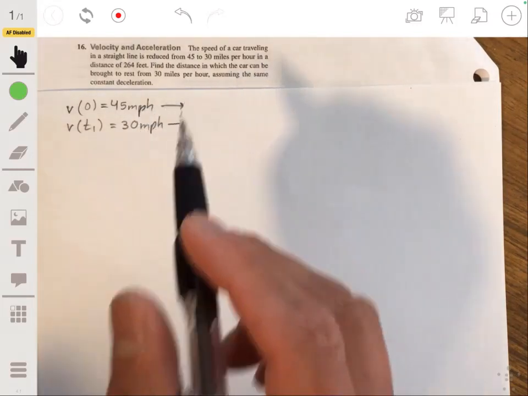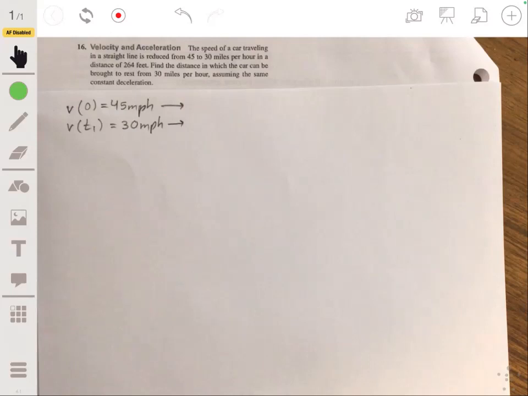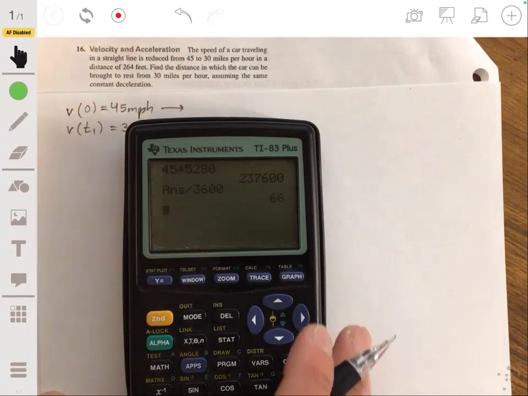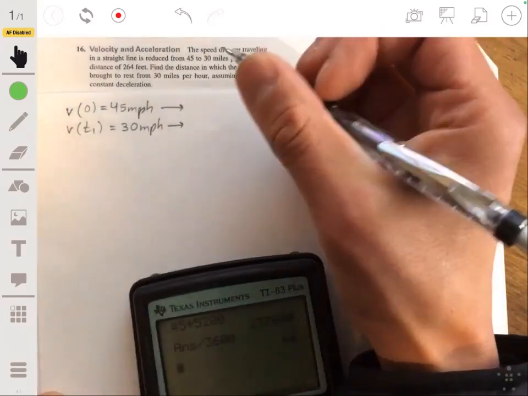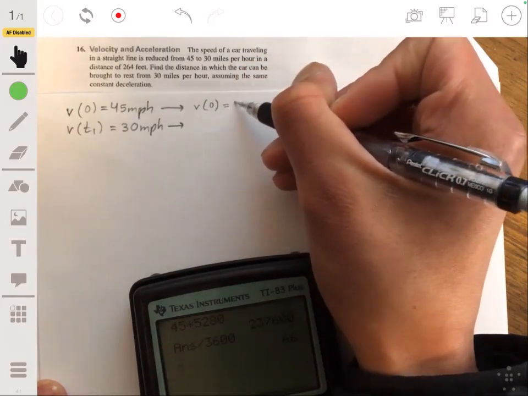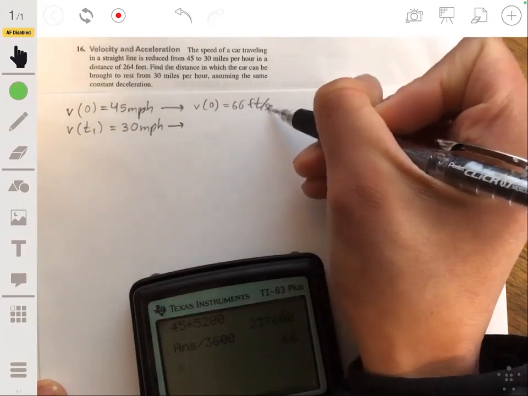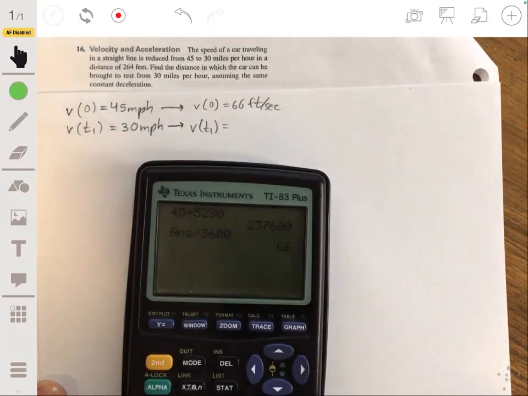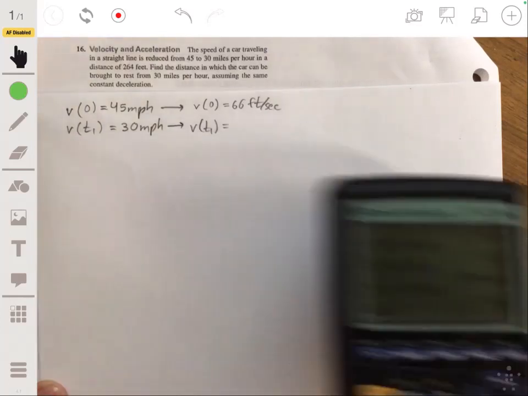So if it's 45 miles per hour, this would basically be 45 times 5,280 feet per hour, but we're going to divide this by 3,600, because that's how many seconds are in an hour. 45 miles per hour is the same as 66 feet per second. And likewise, 30 miles per hour, 30 times 5,280 divided by 3,600, is 44 feet per second.